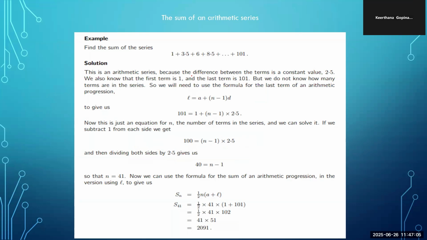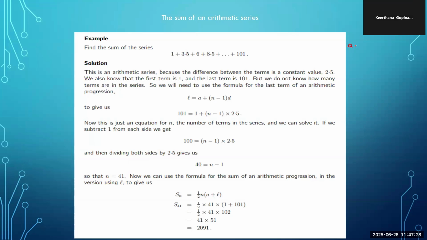1 plus 3.5 plus 6 plus 8.5 plus up to 101. This is the series they have given you. You have to find the sum of this series. What is a? Here what is a? A is 1, right? Yes, sir. And last number is 101.